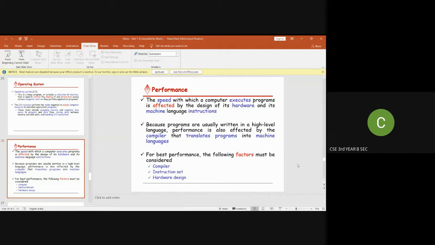For the best performance, the following factors must be considered: the compiler, which converts the high-level language to a low-level language, the instructions used in the processor, and the hardware design. Based on these three things, the performance may be affected.